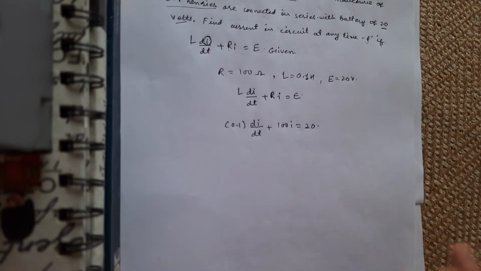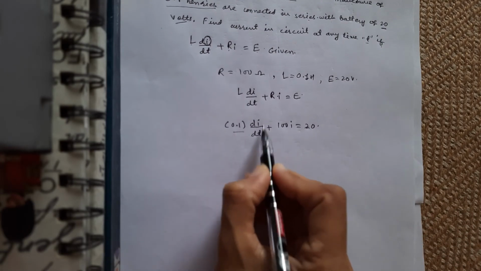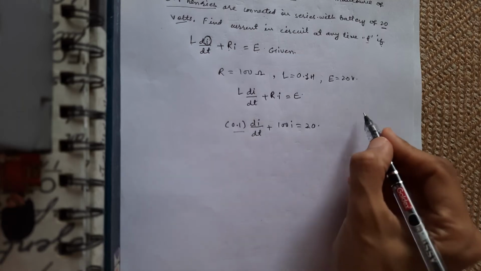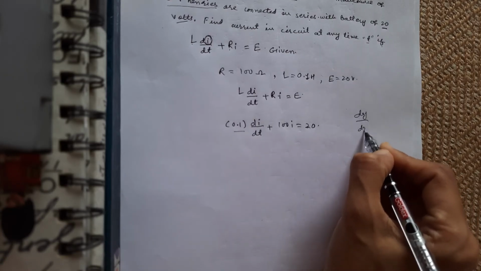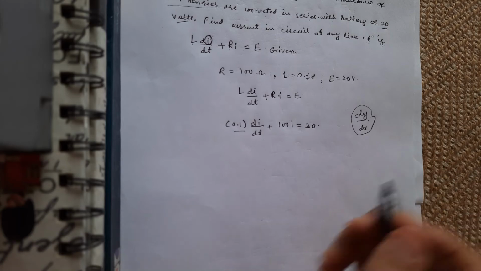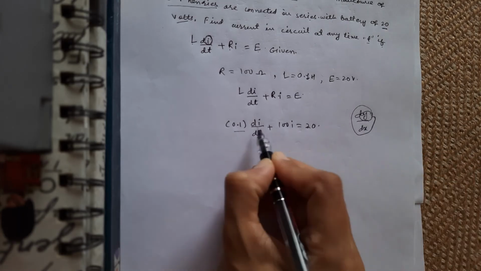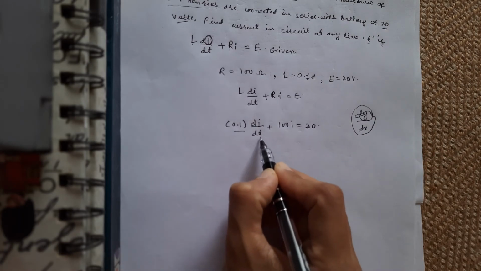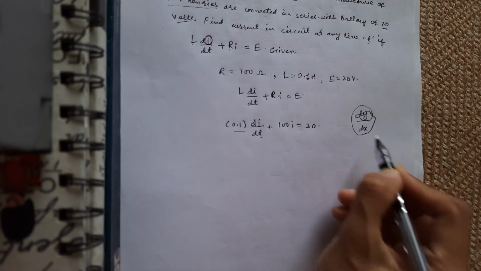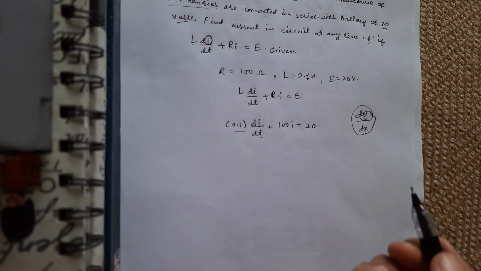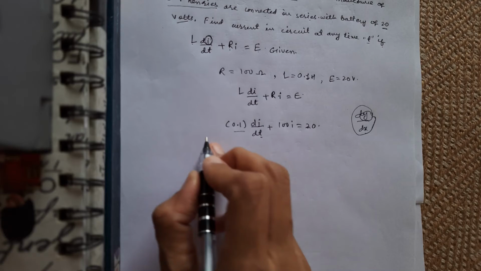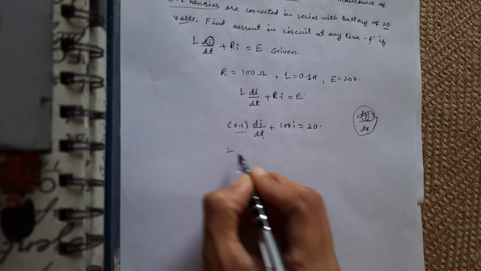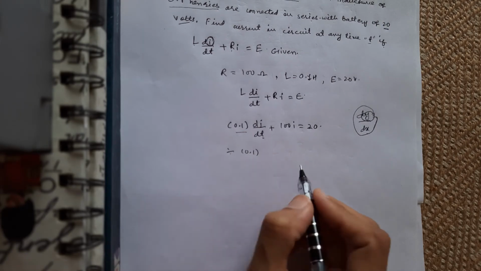Now I want to remove this coefficient. We know that whenever we compare the equation, we want dy by dx on one side. So what is my variable y here? It is I, and t is the independent variable here. So I am dividing the whole equation by 0.1.